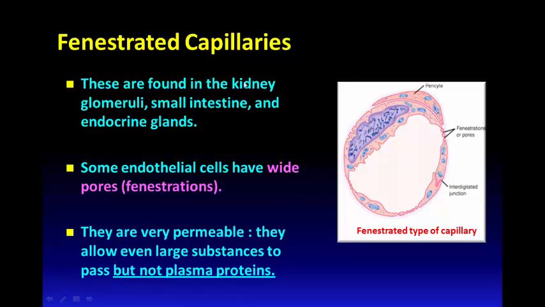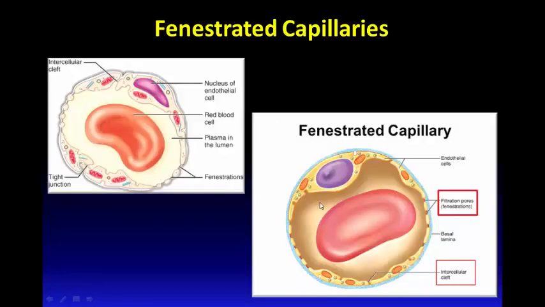Thus, fenestrated capillaries are very permeable, and they allow even large substances to pass through their walls, but not plasma proteins. Here we have two figures which show a fenestrated capillary.